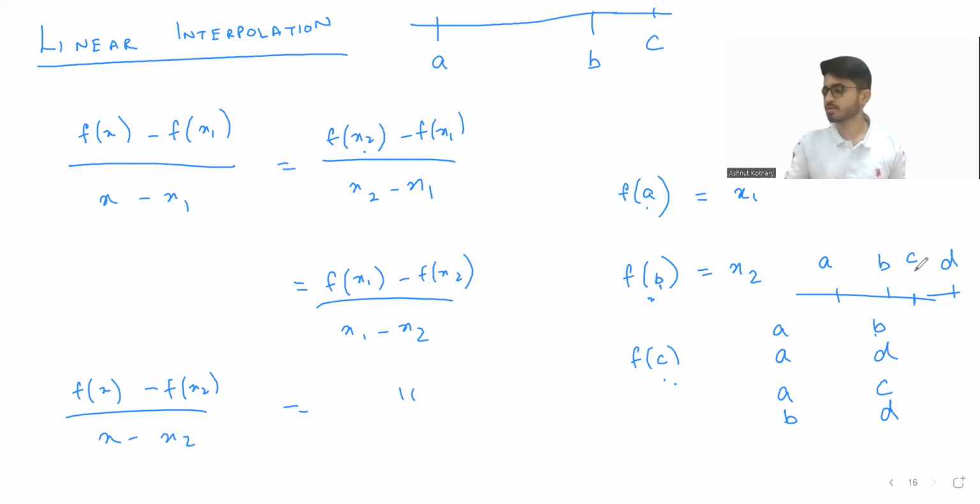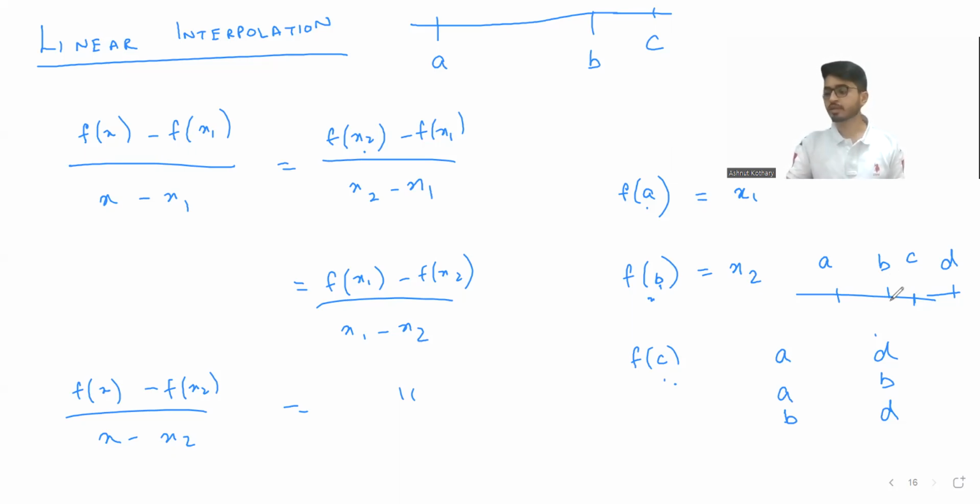Why? Because B and D is a shorter range. So the best one will be what? Using B and D. A and C does not make sense. Sorry. Of all of these, A and D, why not? Because I have a value which is closer to C. So why shouldn't I use the value of B itself?